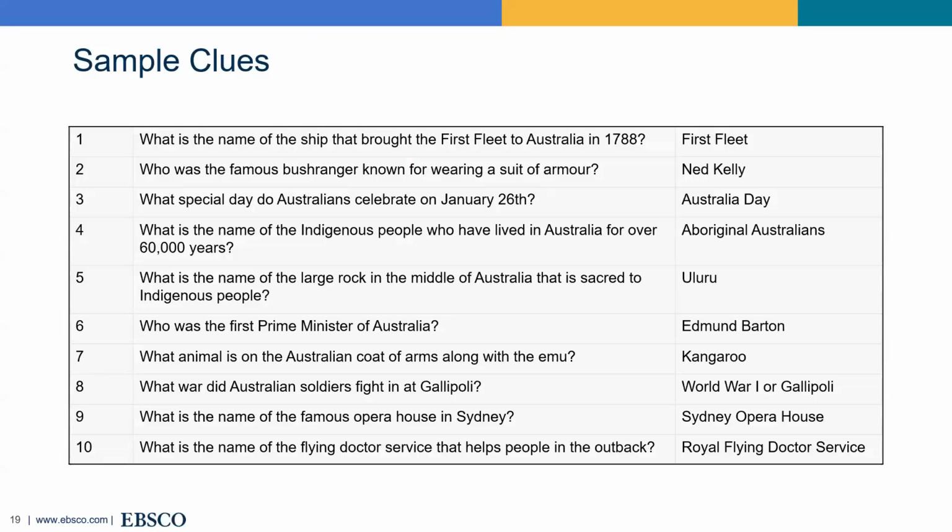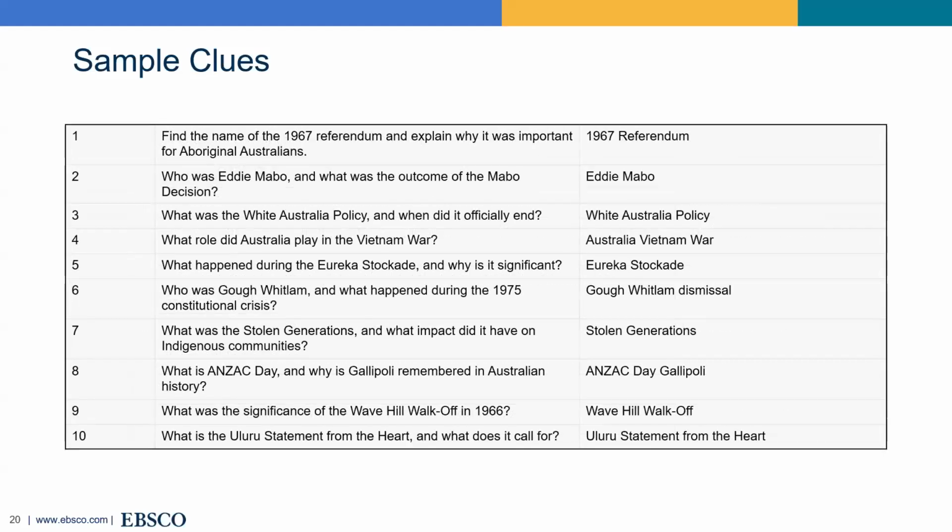So these are sample clues for a scavenger hunt for younger students. And these are all quite Australia based. So you have some questions and then you have suggested search terms. And then I've got some sample questions for older students as well.